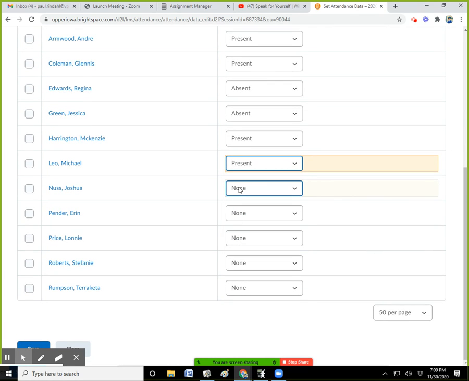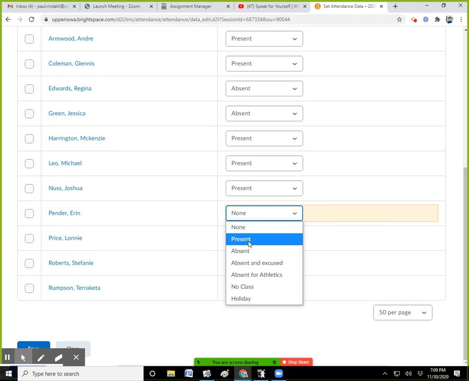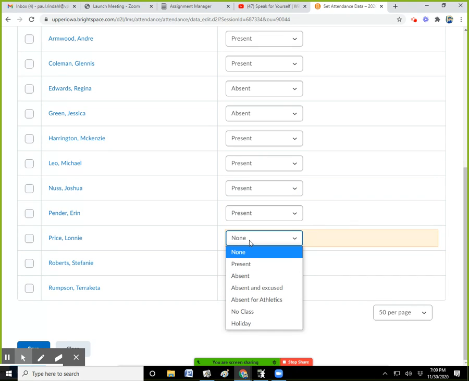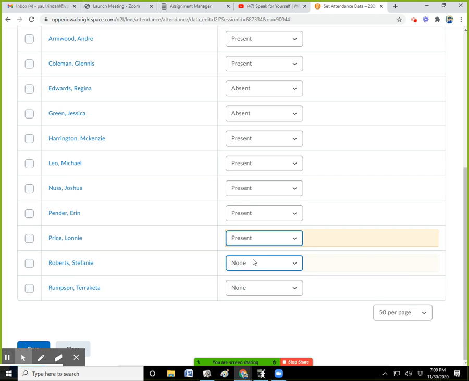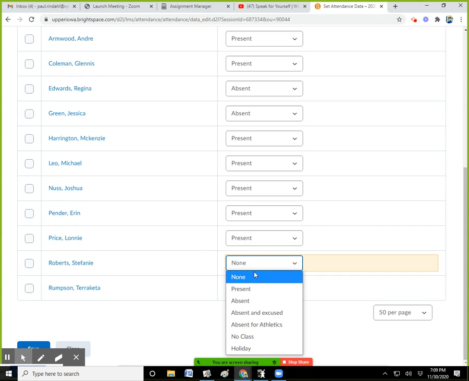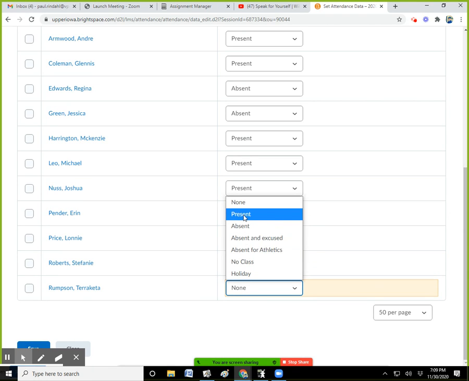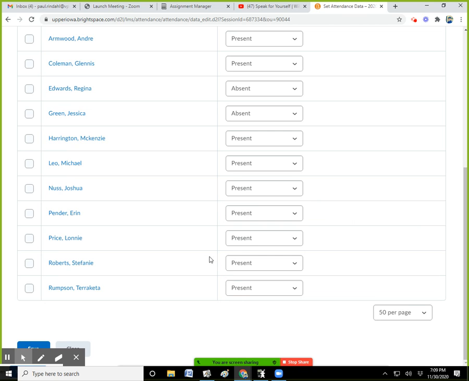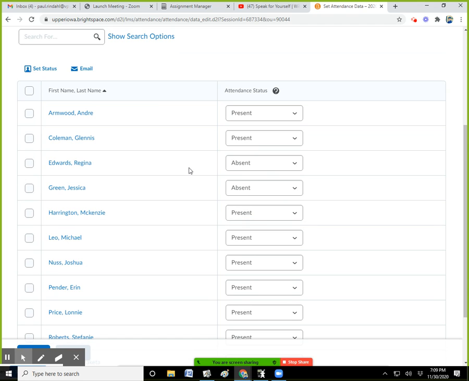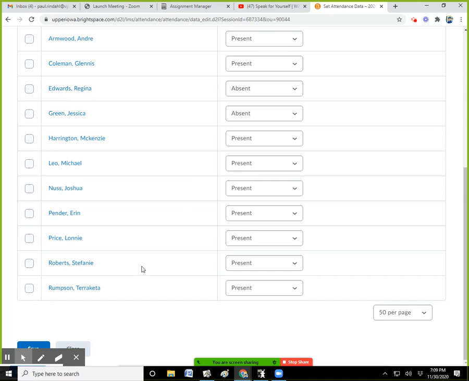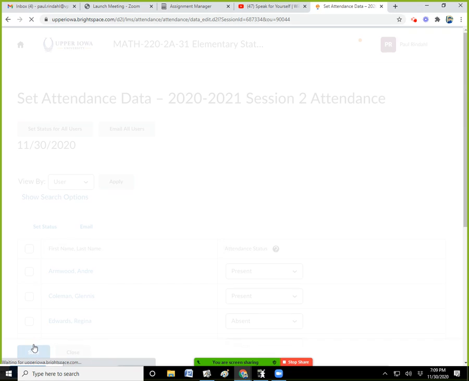Mike Leo is here. Josh is here. Aaron was here. Lonnie Price, I thought I saw Lonnie. Yep, here. Stephanie Roberts, first in the door. And Terakita is also here. Right? Yes. So 1, 2, 3, 4, 5, 6, 7, 8, 9 people here. I have 9 people on my list. Is that everybody? Yes. Woohoo! Save. All right. You've all got credit for being here.